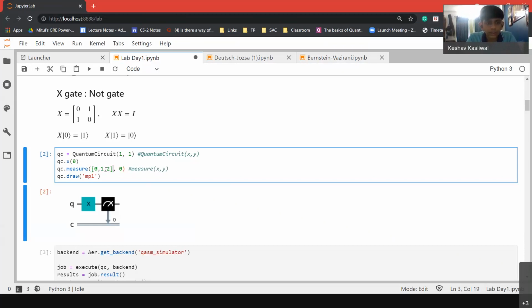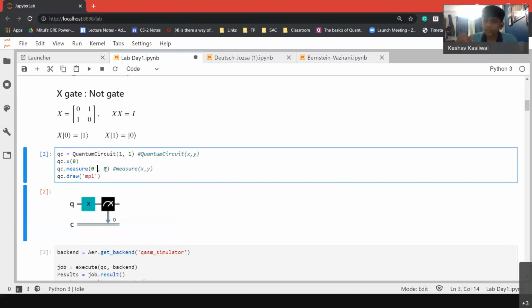This gives us the list of which qubits you need to measure, and onto which classical bits you want to measure. So this is about the measure function. I'll erase this so that the program can work properly.